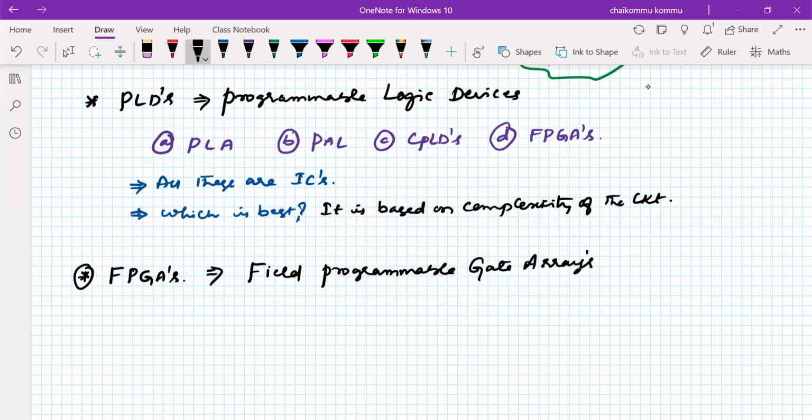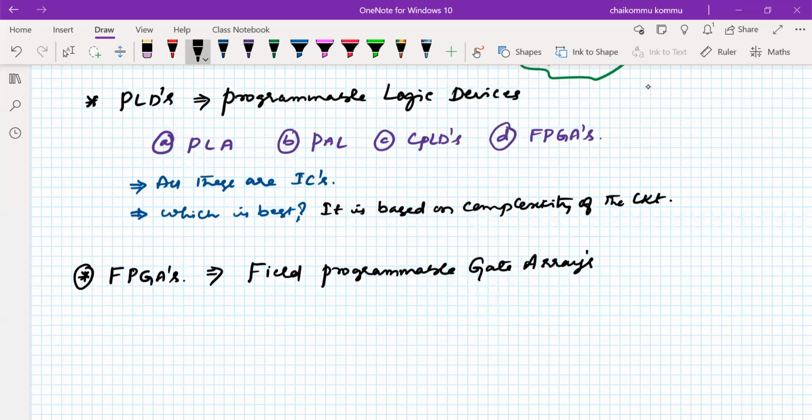In the PLA, PAL or CPLD, the basic idea, especially considering the PLA, is that it consists of an AND plane and an OR plane. We have to provide the necessary connections among them so that it acts accordingly.